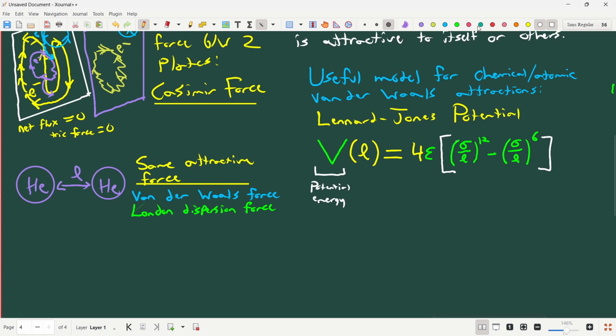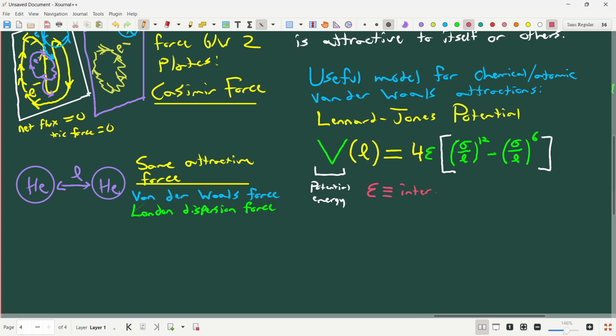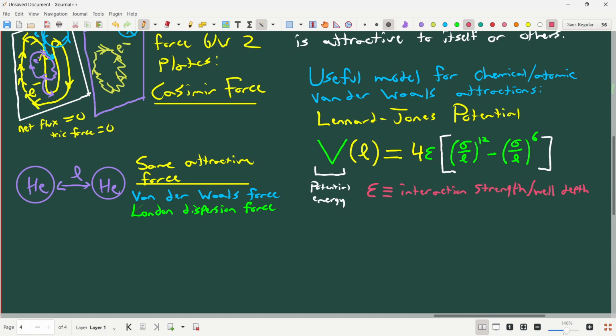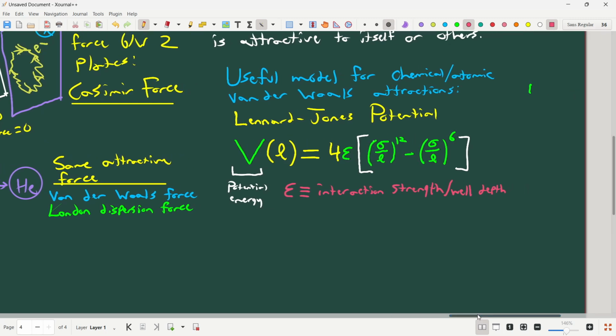Epsilon has a generic label: the interaction strength, or the well depth. I'll show you why it's called a depth in a second when we plot it.